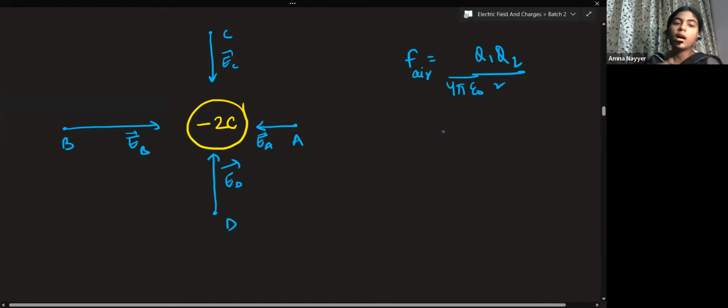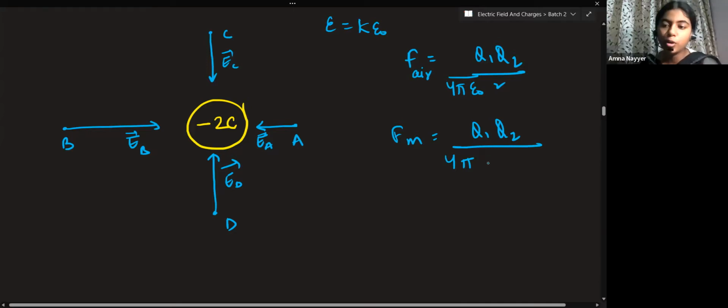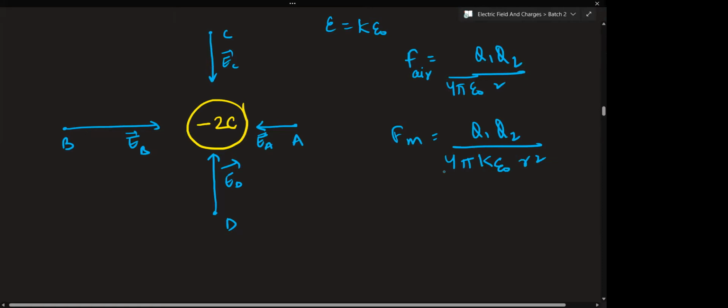So Hamza, if you have a different medium, you have to put this constant k with it, 4 pi, not only epsilon naught. You have to use epsilon, and epsilon is k epsilon naught. So you have to use 4 pi k epsilon naught r square. Is this clear, Hamza? Yes, teacher.